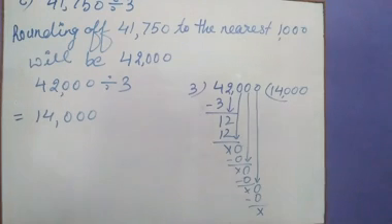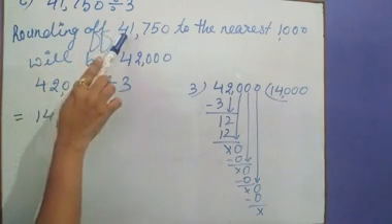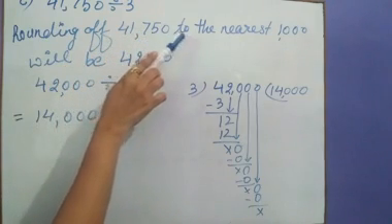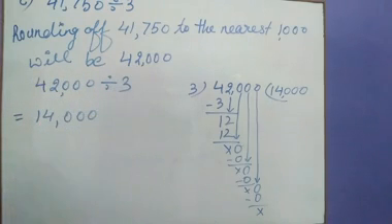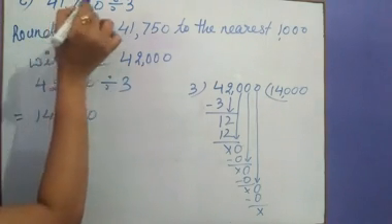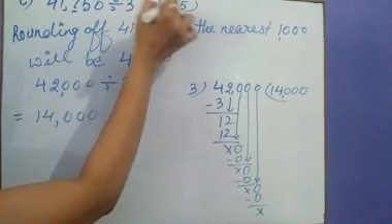The next is C, 41,750 divided by 3. Rounding off 41,750 to the nearest 1,000 will be 42,000. Why? Because the digit at the hundreds place is 7 and 7 is more than 5.